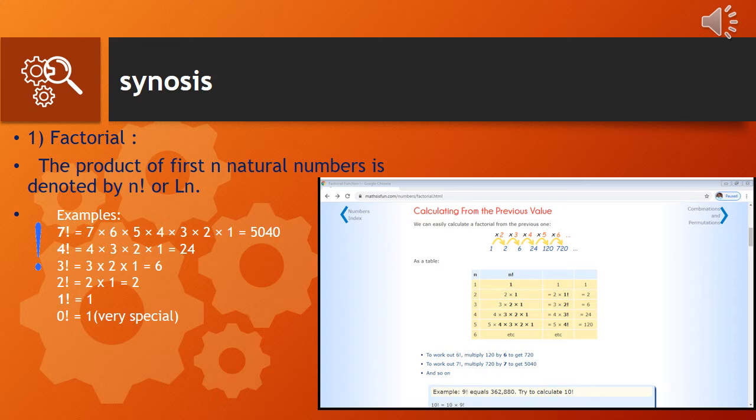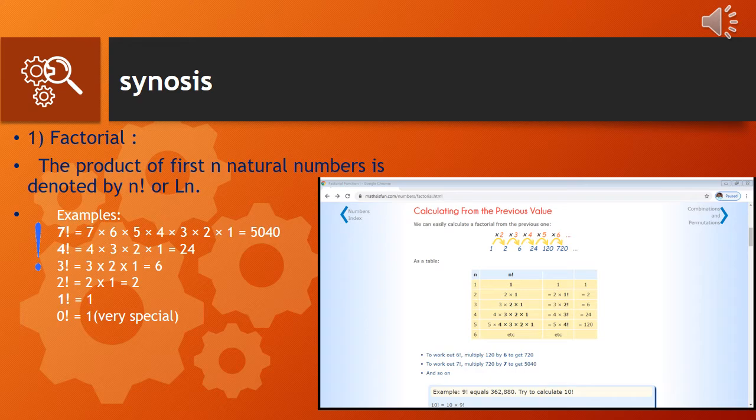Now let's see the synopsis of this topic. First, we have to discuss factorial or factorial notation. We define the factorial of a positive natural number n as the product of first n natural numbers, denoted by n factorial or factorial n.